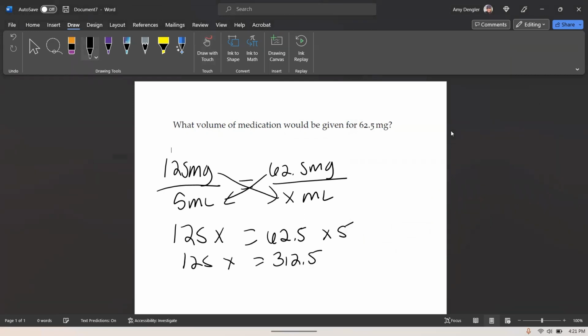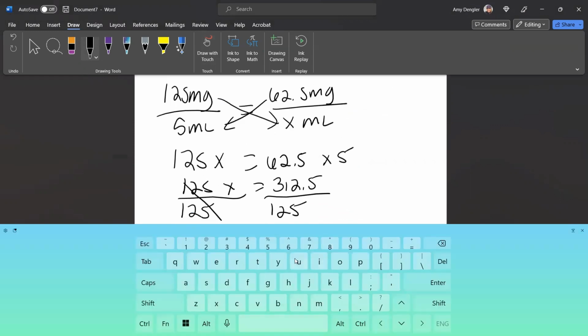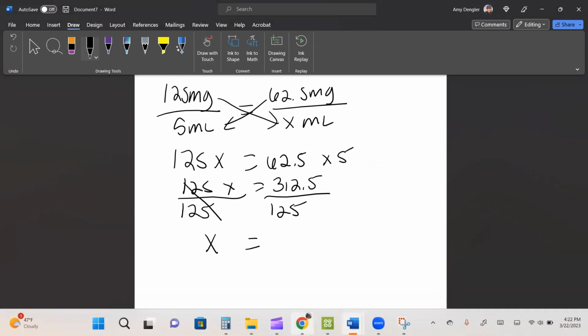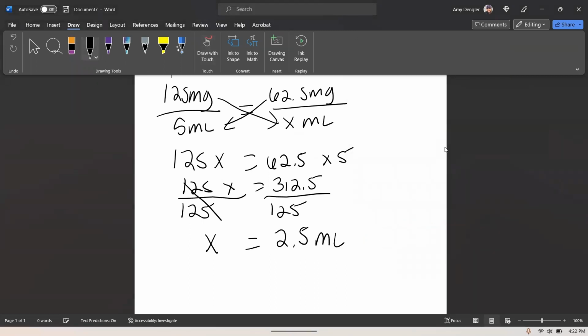And we want to get X alone, so we need to get rid of that 125. Cross that out, we get X alone on this side. Then we also must divide this side by 125. And that is going to be 2.5 ml.